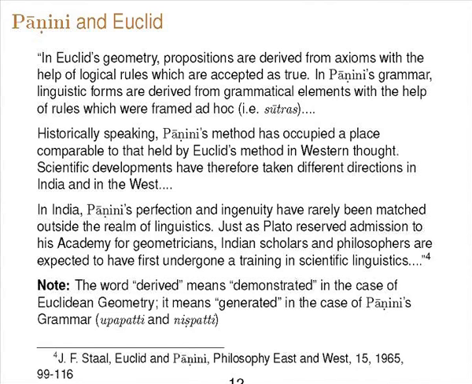In fact, many scholars acknowledge that the place Panini holds in the Indian tradition is analogous to the place Euclid holds in the Greco-European tradition. And here is a quotation from Staal, where he says Panini is also deriving systematically Sanskrit utterances from a set of rules, and Euclid is also deriving a set of propositions from a collection of axioms, but the word deriving will have two different meanings in these two contexts.